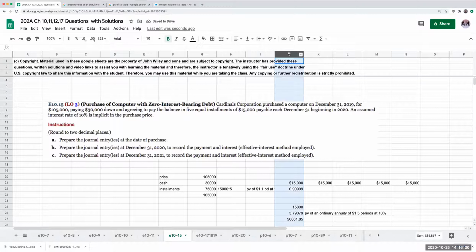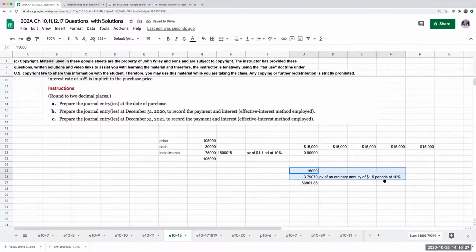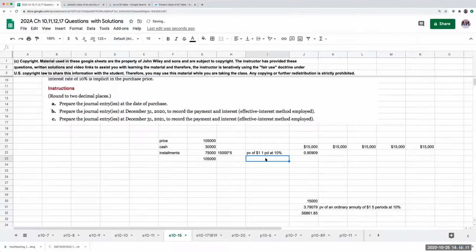If I then go through, we'll do it on each one of these. I'm just going to move this down here for a second because I want to compare that value. Then for this one, this would be present value of $1, 2 periods at 10%. And we'll say this is year 1 payment, year 2, year 3, year 4, and year 5.